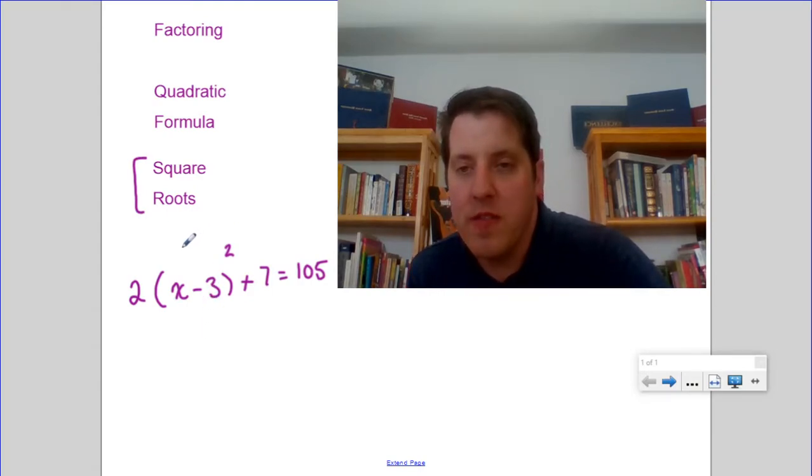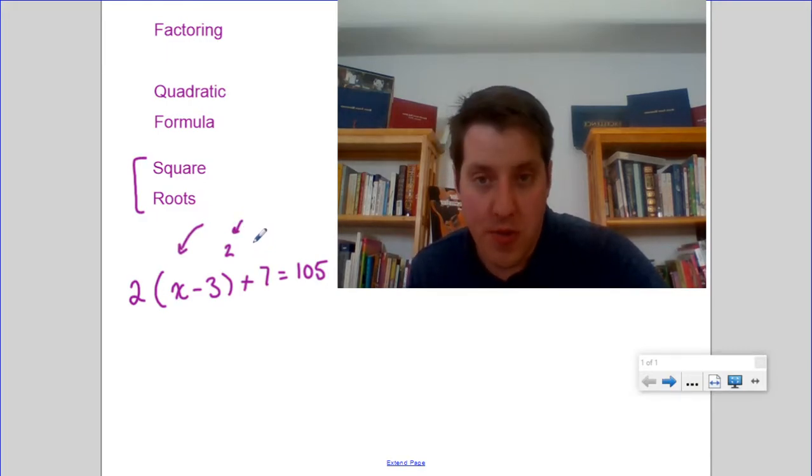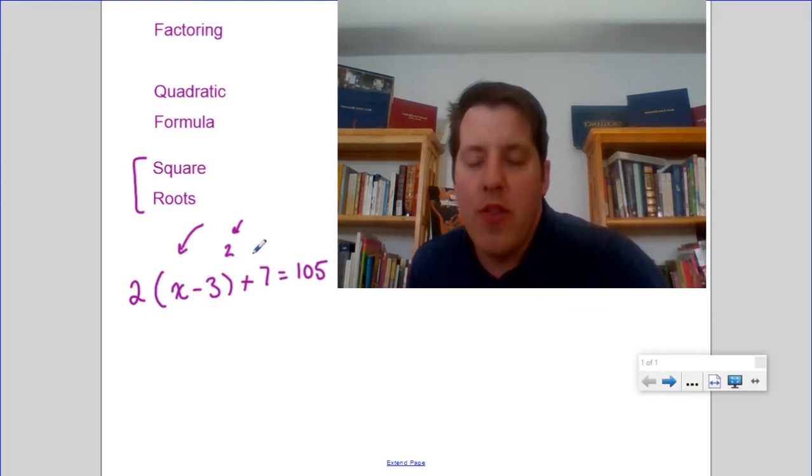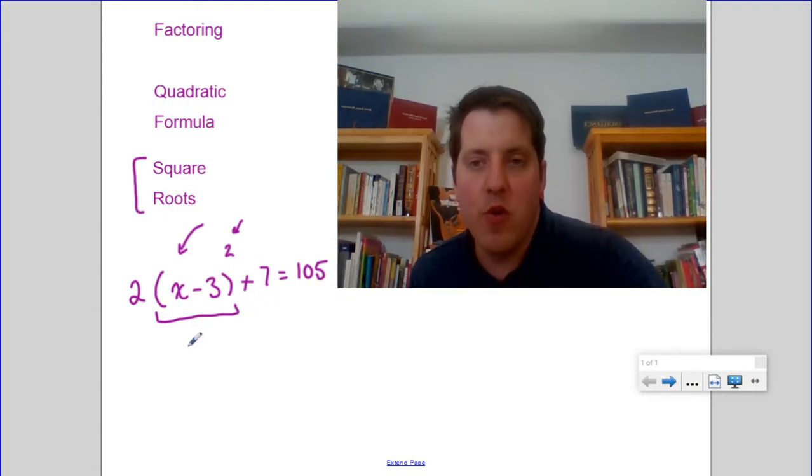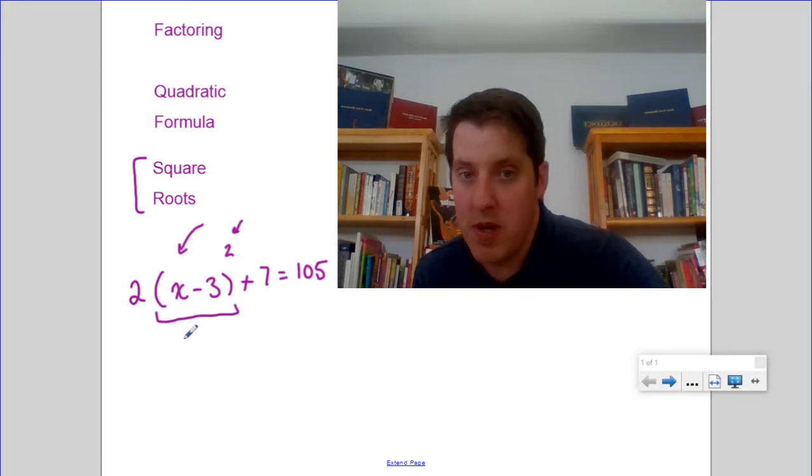So because I only see x here, and it's inside of a square, I know that it's okay to use this method. And the way that you use this method is you isolate the thing being squared. So if it's x minus 3 all squared, I'm going to get x minus 3 all squared by itself. I'm going to do that the same way I would do that with a linear equation.